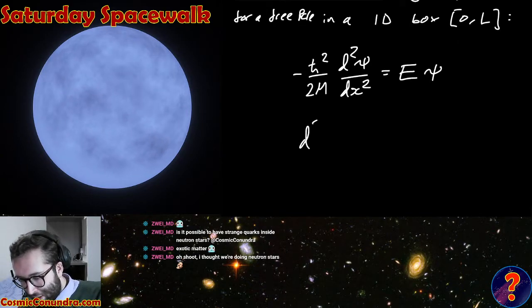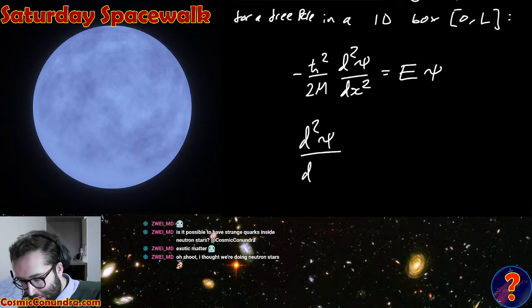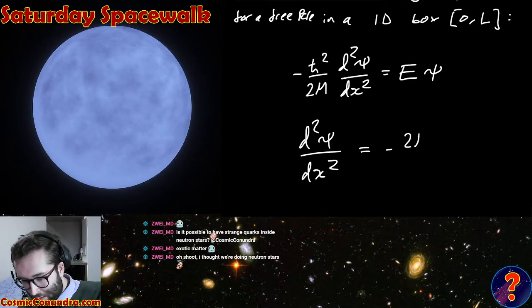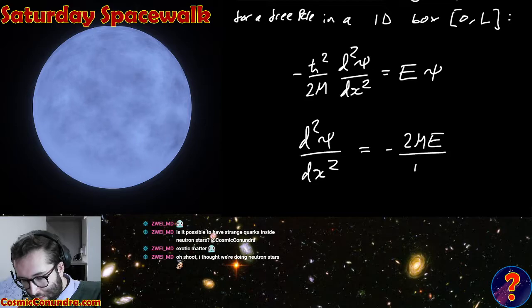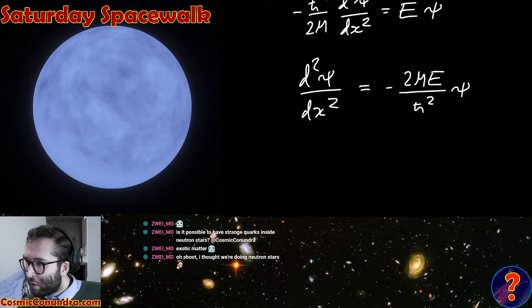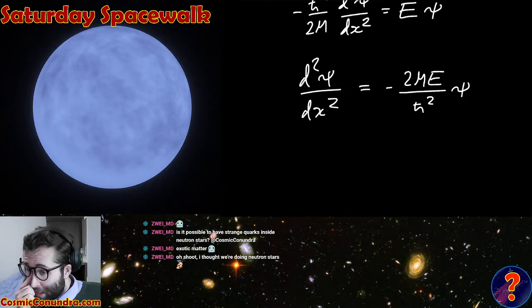But anyway, we can rearrange the Schrodinger equation to look like this. And this is a pretty straightforward ordinary differential equation.